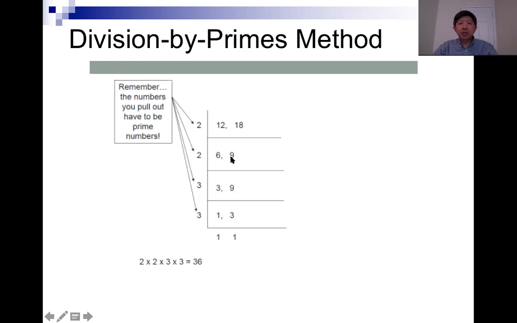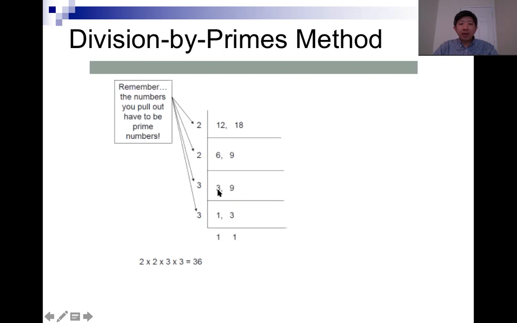Both are not divisible by 2, but we can start with a 2 here, but it has to be a prime number. So I take 6 divided by 2, which is 3. If divisible, we divide. If not divisible, we simply bring down that number. So 9, I'll simply bring down, okay?